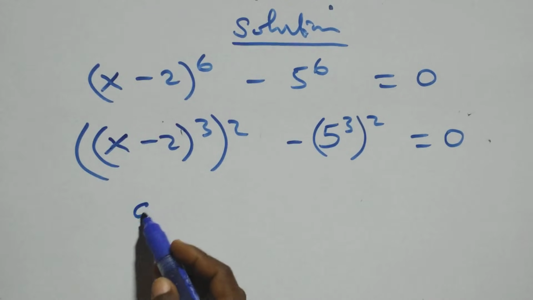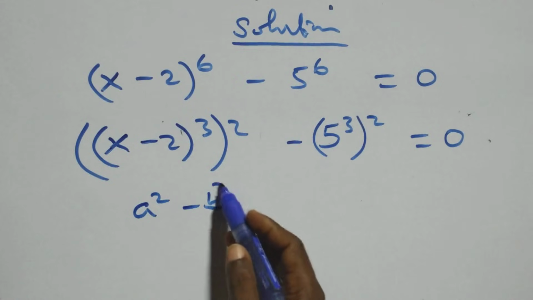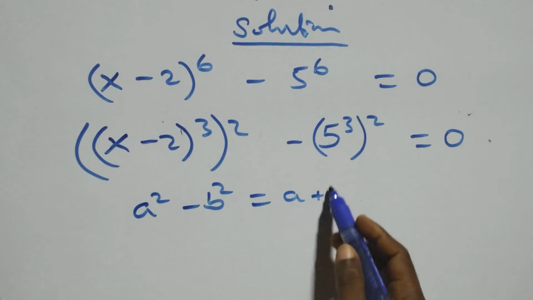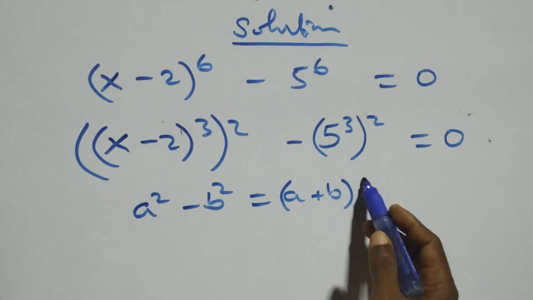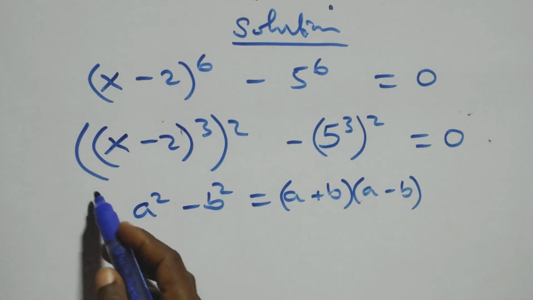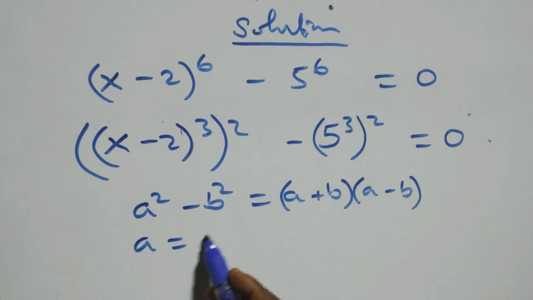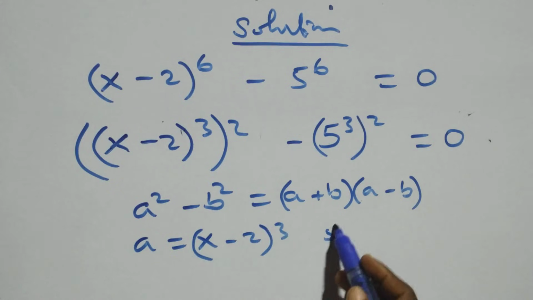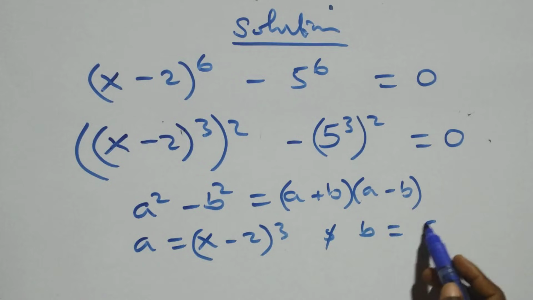This follows when we have a square minus b square, which is the same thing as (a plus b) times (a minus b). Here a is (x minus 2) all raised to power 3 and b is 5 raised to power 3.